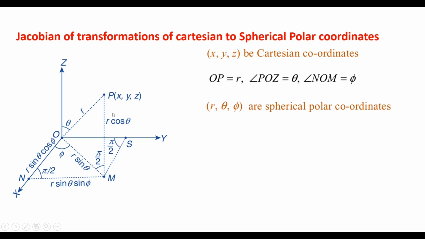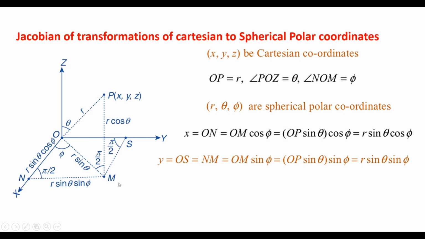Then r, theta, phi are spherical polar coordinates of the point P, where P is the point that lies in the Cartesian system. Here ON is the distance between O and N, that is x, and it is also OM cos phi, that is also expressed as OP sin theta cos phi. OP we have already declared as r, so it becomes r sin theta cos phi.